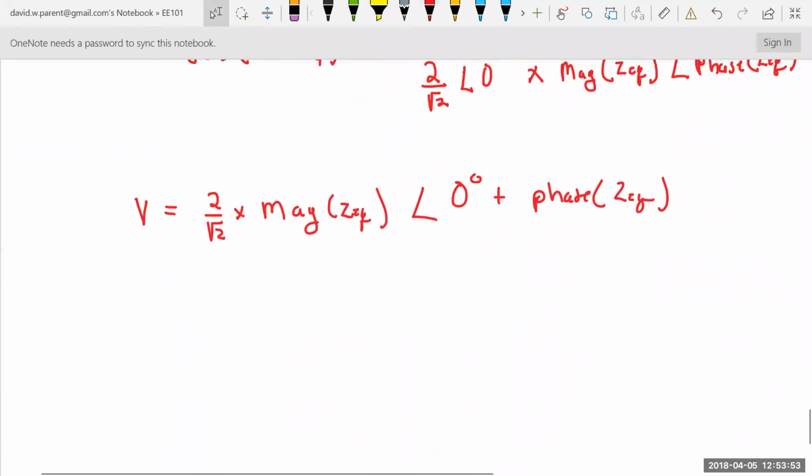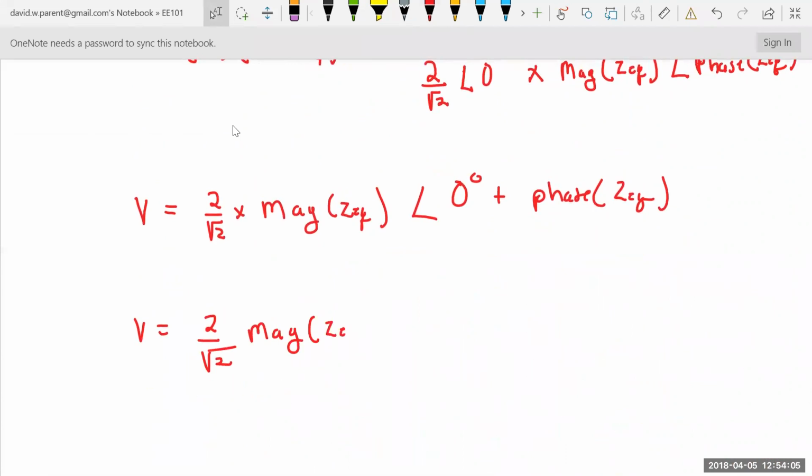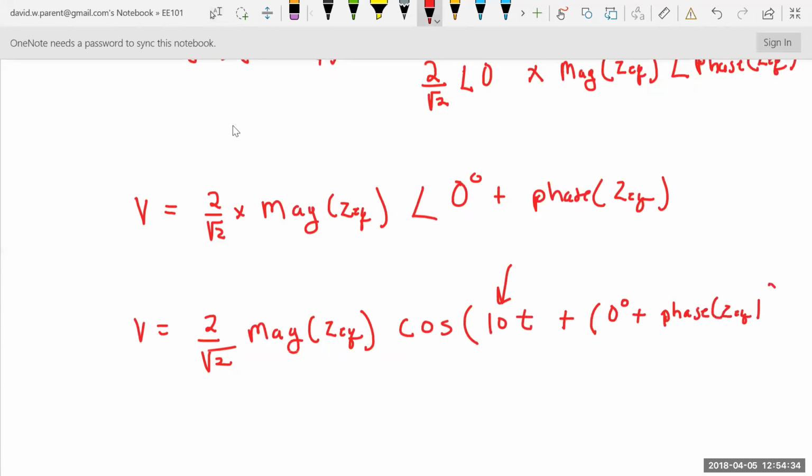And then how do we go back to that cosine? Well, here's the magnitude. We come back to our cosine 10t. Remember, the omega information is lost or it's not written down. You just have to keep track of it. And then you have plus the phase.